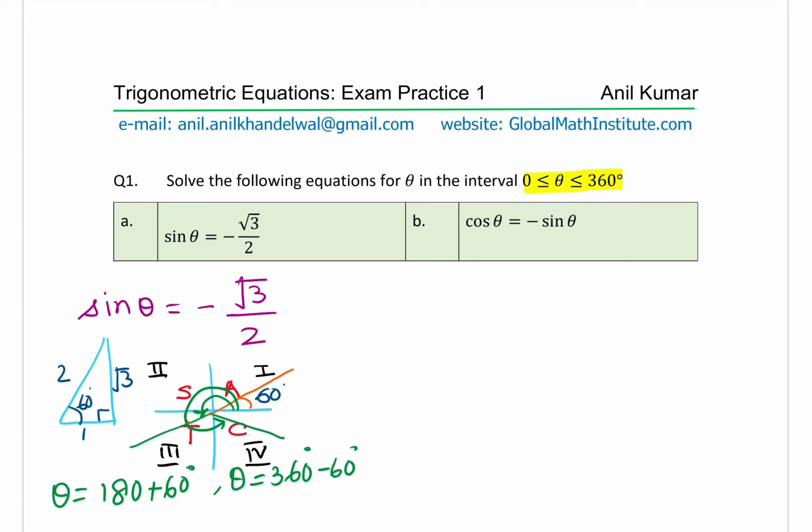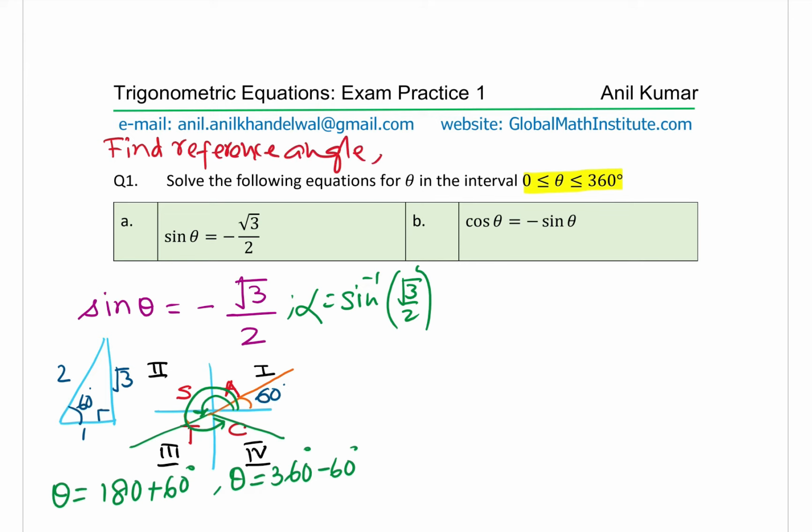You could actually do it like this: theta equals sine inverse of square root of 3 over 2. But that will give you only one angle. So it is always a great idea to look for the reference angle. The key to learn here is: find the reference angle, let's say alpha, and then apply the CAST rule, and then report the principal angle.